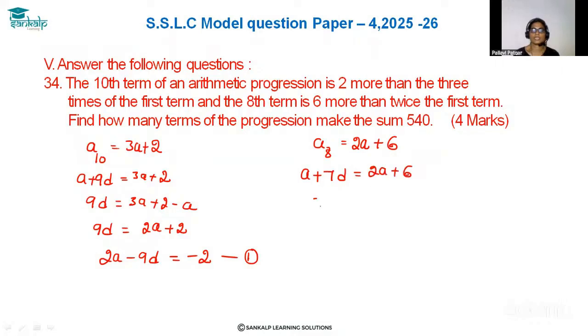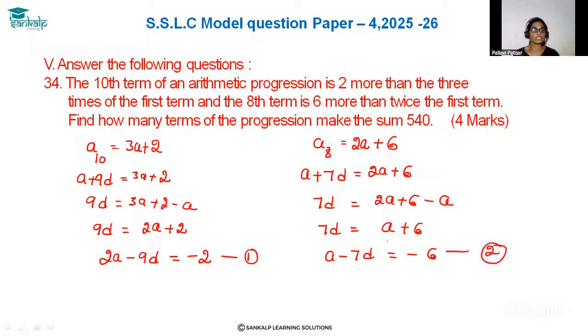So 7D is equal to 2A plus 6 minus A, so 7D is equal to A plus 6. So A minus 7D is equal to minus 6. Take this as equation number 2.